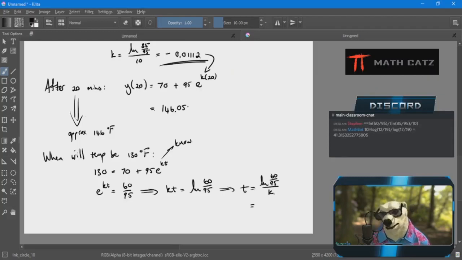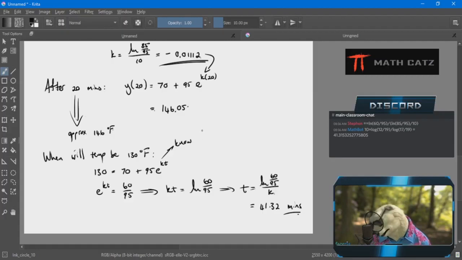Like so. And what do we get? 41-ish minutes, 0.32. So that'll be in minutes. So if I take my turkey out of the oven, 41 or so minutes approximately later, it's going to start getting a little cold and my guests might not enjoy it. Now, they might not be able to eat it right away either, something in the middle, but at least I have an idea of my time window.